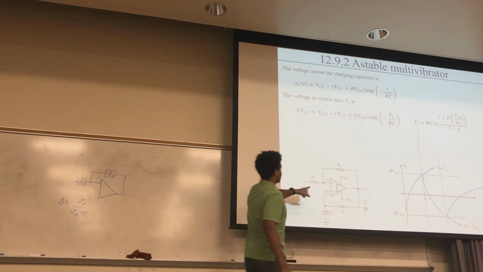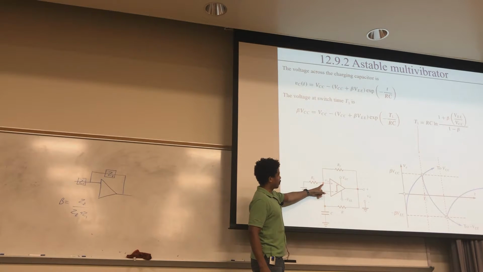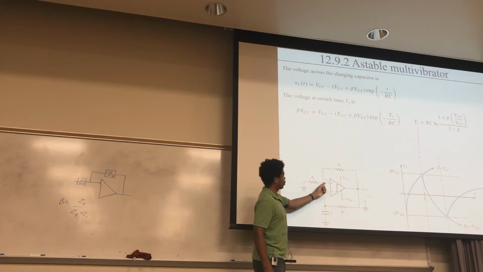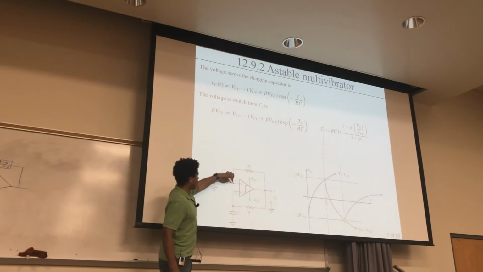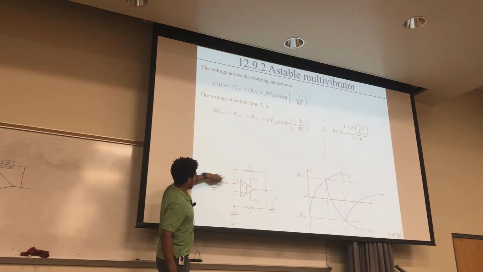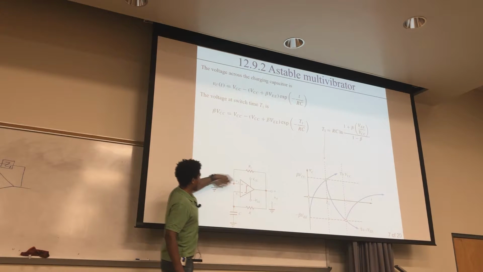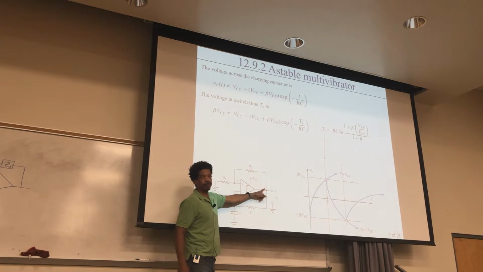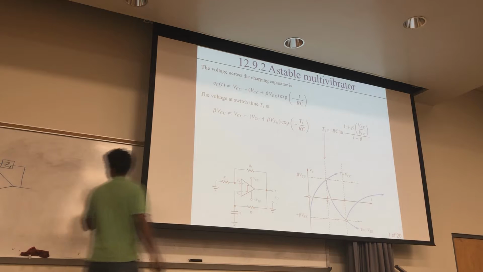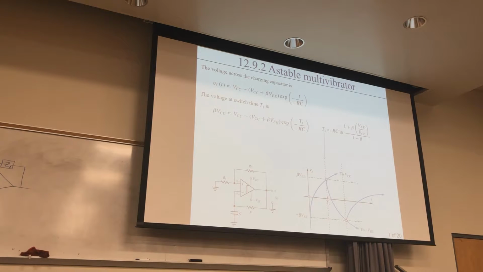Oh, and of course, that beta was found by voltage division, right? You have no current going off that direction, right? So what you're doing is just using voltage division, saying, well, this impedance that's left to ground divided by the total impedance, multiplied by where your voltage is starting from. That's where this beta came from, right?